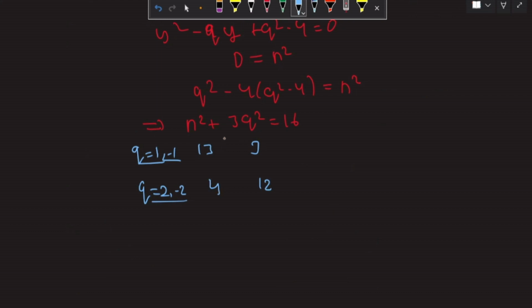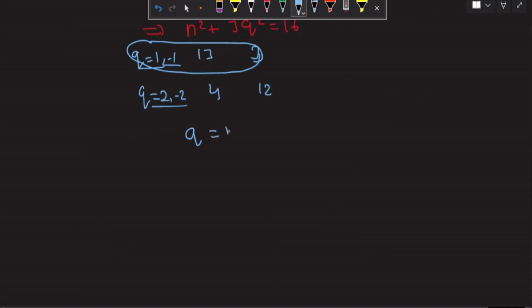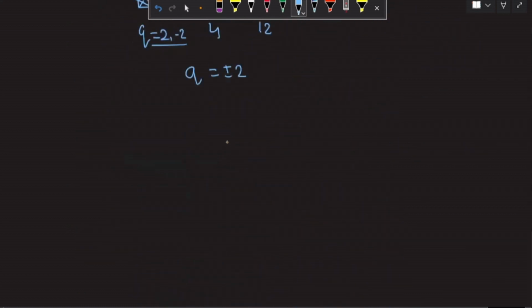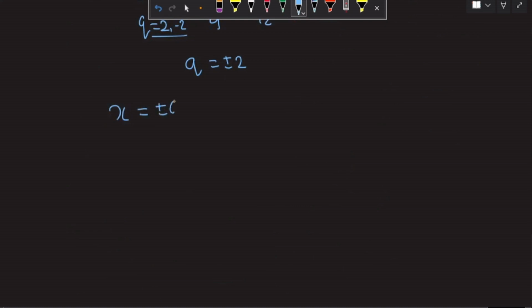So clearly this case will be rejected, since n square is equal to 13 will not lead to any integral solution for n. So we have q is equal to plus minus 2. And since we had assumed x is equal to 3q in the beginning, we get x as plus minus 6 from here. So yeah, we have found out the values of x.